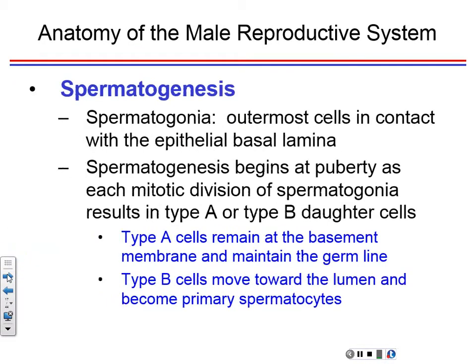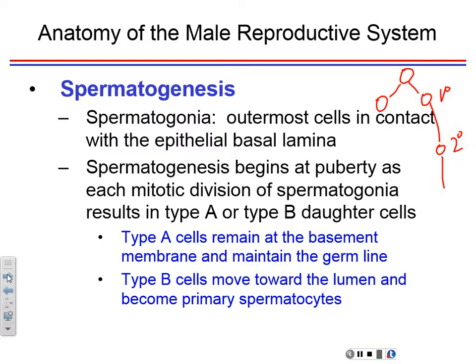So in spermatogenesis, the spermatogonium on the outermost part is developing between the sustentacular cells, and the sustentacular cells do the nursing and so forth. This divides into 2, and this is the primary spermatocyte, which goes through the first meiotic division, then the secondary spermatocyte.